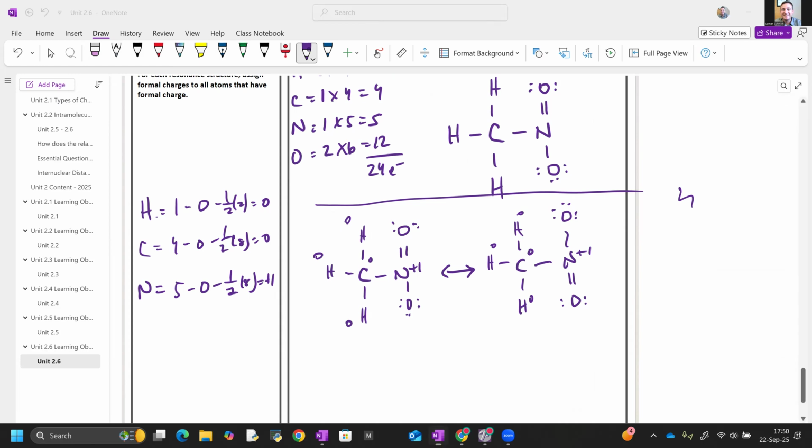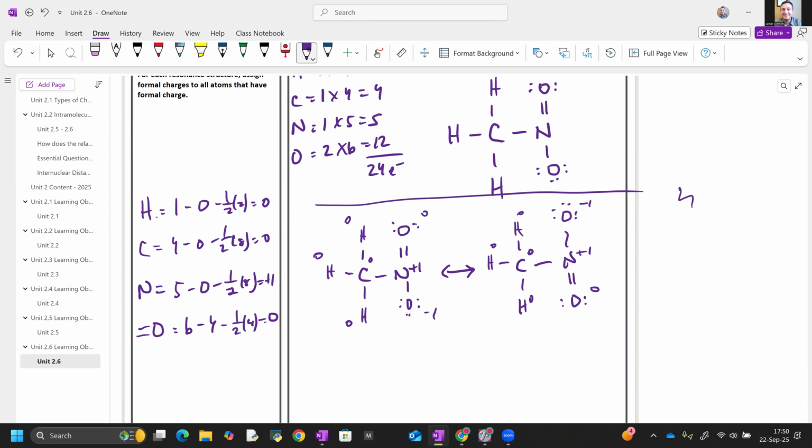And then we have oxygen with the double bond, which is equal to 6 minus 4 non-bonding electrons minus 1/2 of 4, which is 0. So this has a formal charge of 0. Because these are neutral molecules, this has a 0. This one must be minus 1.